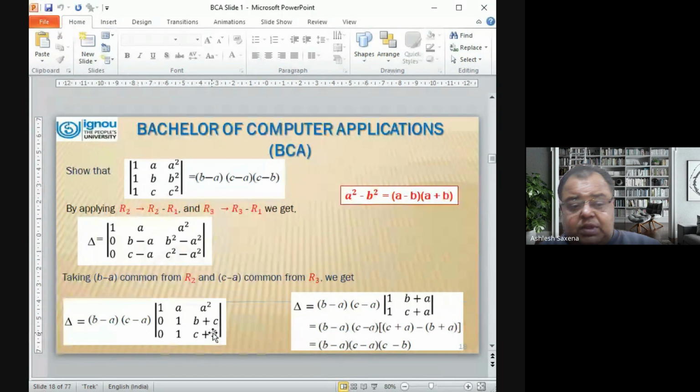Okay, this is a typographical error. This is A. I will be taking this B minus A common to here. This is B plus A, and this is C plus A.